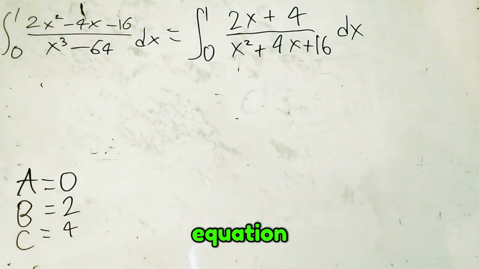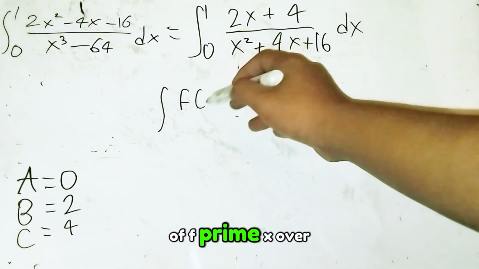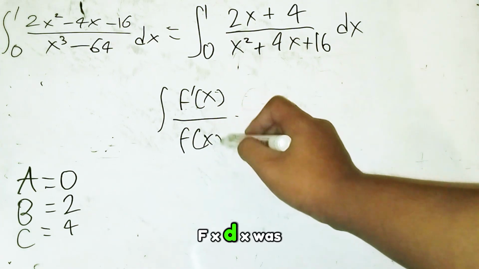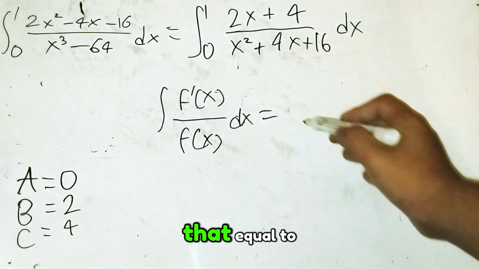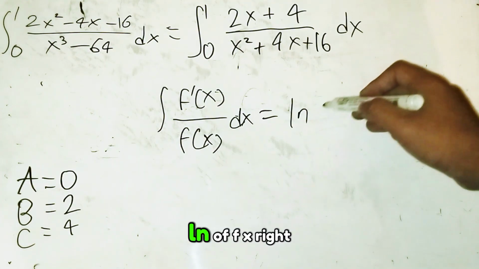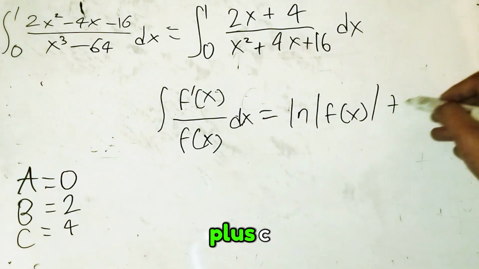Guys, do you know this equation? When we have the integral of f prime x over f x dx, what's that equal to? Yup, that's just equal to ln of f x, plus c.